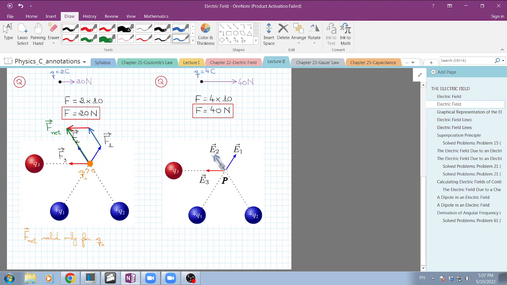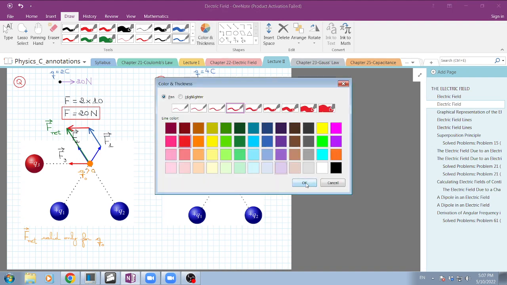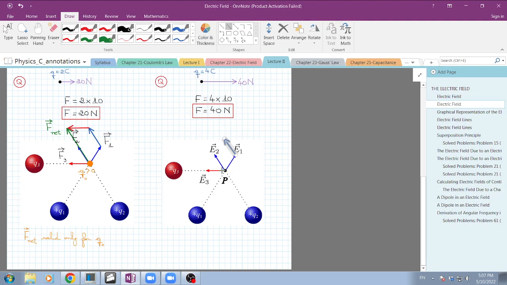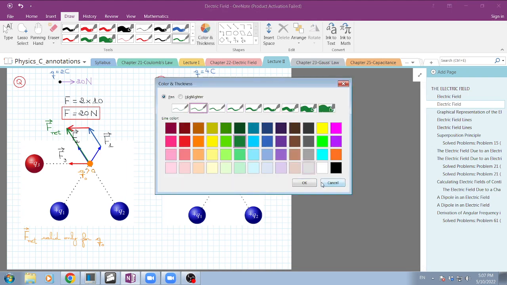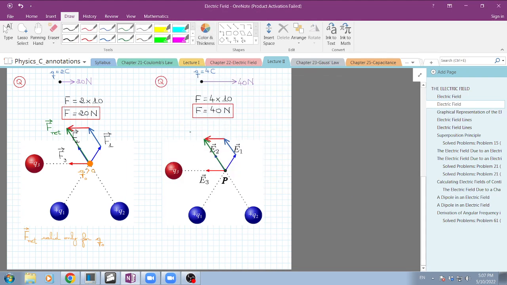Here, red vector, and then the result is a net electric field.